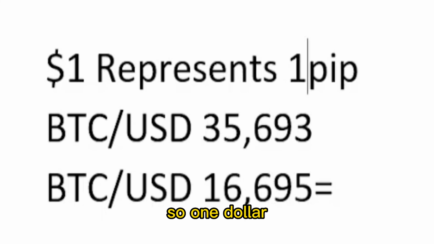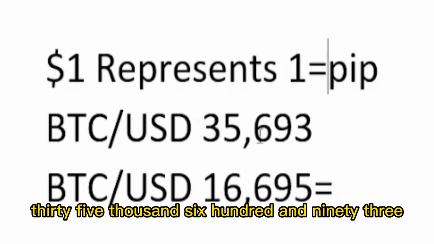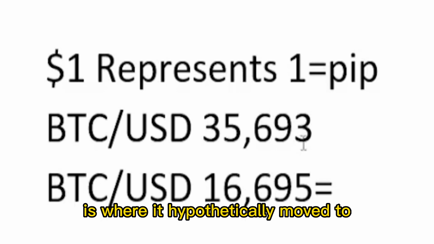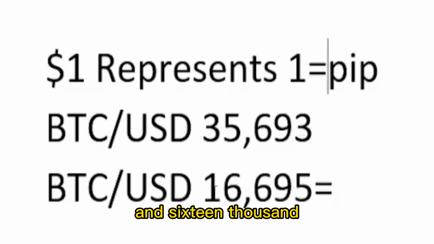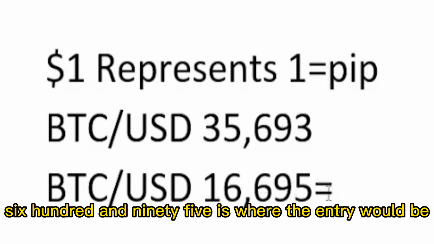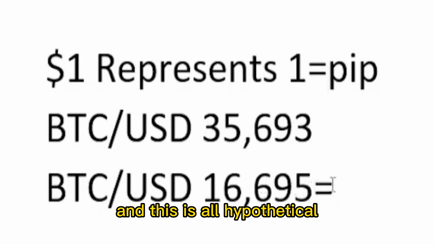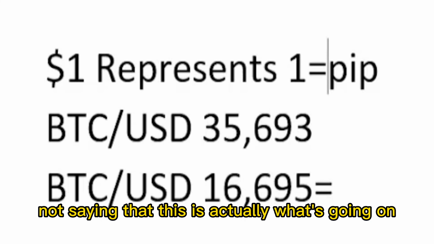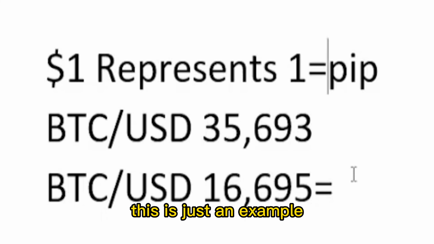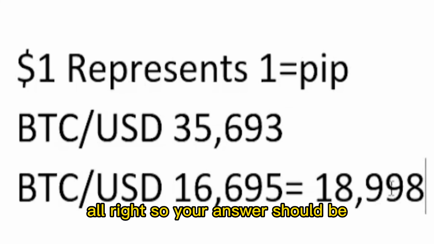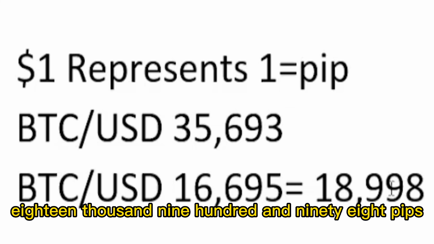So $1 equals 1 pip. 35,693 is where it hypothetically moved to, and 16,695 is where the entry would be. This is all hypothetical. I'm not saying that this is actually what's going on. This is just an example. All right, so your answer should be 18,998 pips.